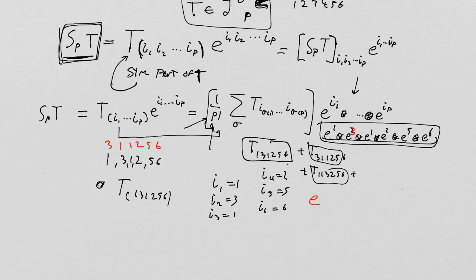E3 tensor product E1 tensor product E1 tensor product E2 tensor product E5 tensor product E6, like that. So the basis vector is going to change, but the component's going to be the same, and that's what a symmetric tensor is, right? The value doesn't change when you switch indices, but the component doesn't change.